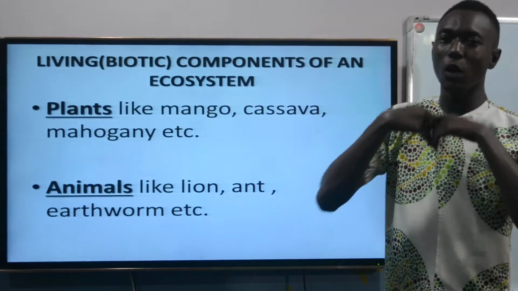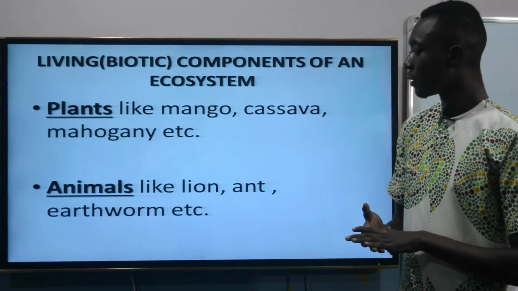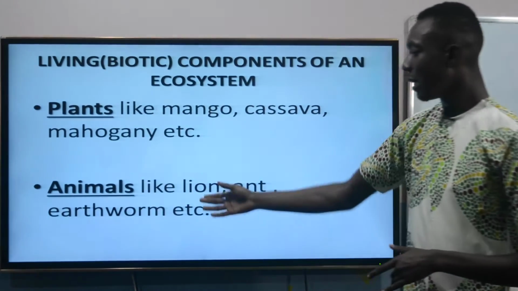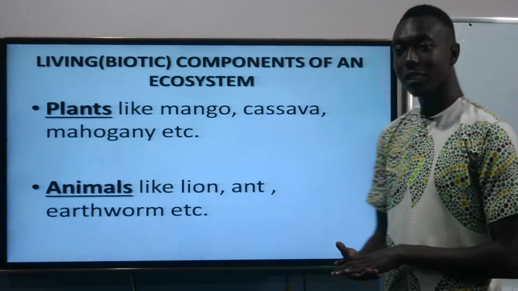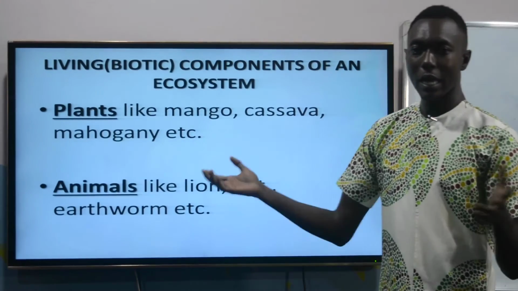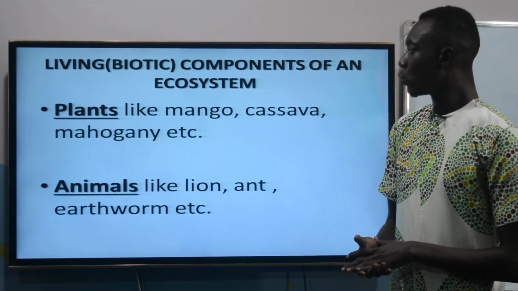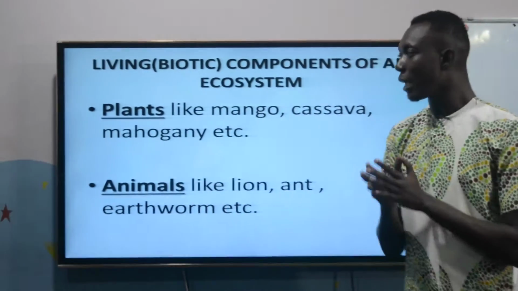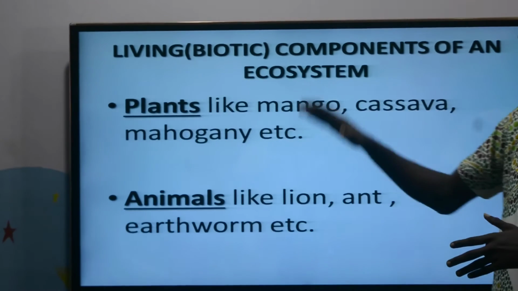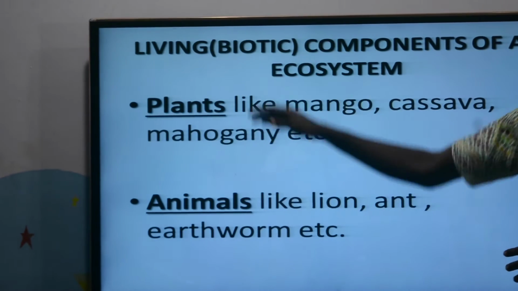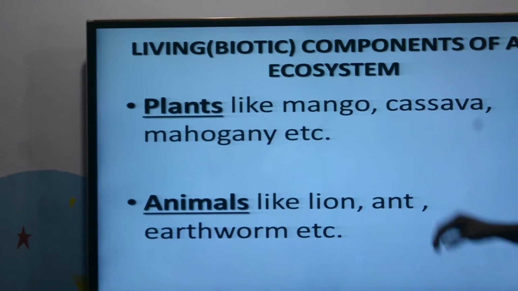I know you can give me a whole lot of plants. And animals like lion, ant, earthworm, and so on. So if we take every ecosystem, we can find some living components, being plants and animals.